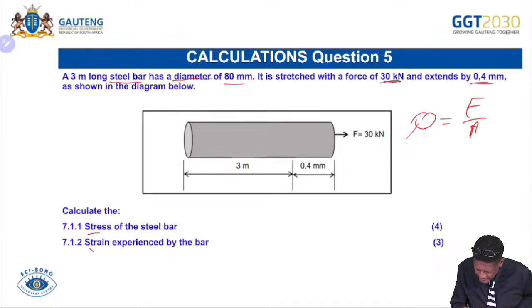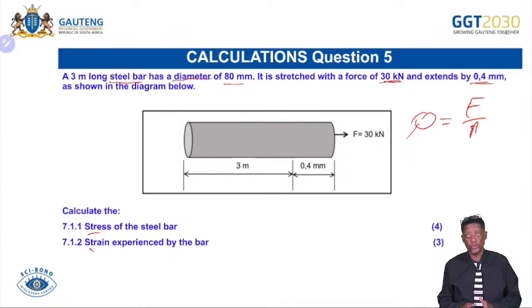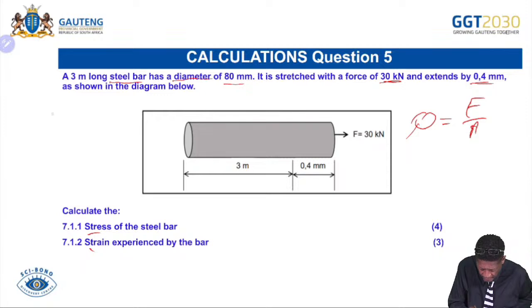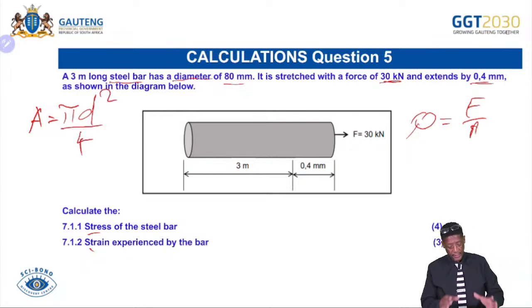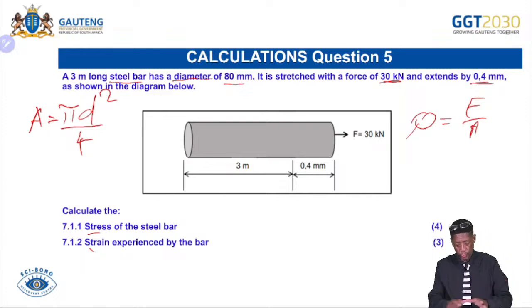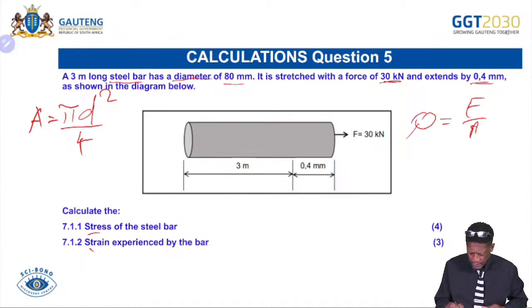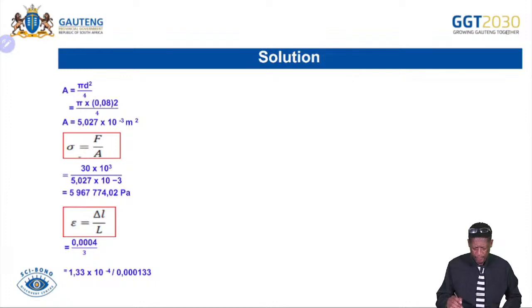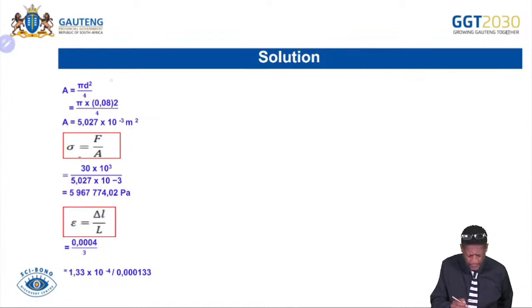Because you've got a diameter there, you're going to use the formula area equals pi d squared over 4. This is the formula that you're going to use, but I'm going to give you the solution because of time. You can copy it faster, but relate to it as we are doing.